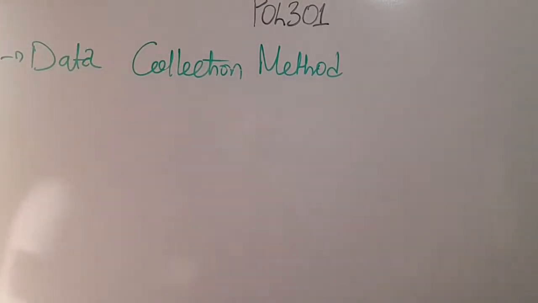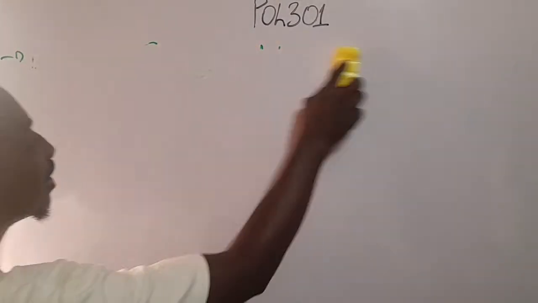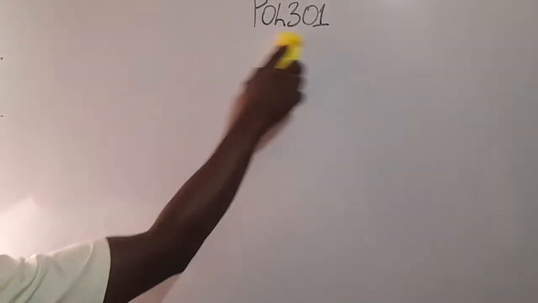And in trying to solve this problem, the area for research is the first step. The method I would like to use, data collection method, that's DCM. Please pay attention to what I'm trying to do here.